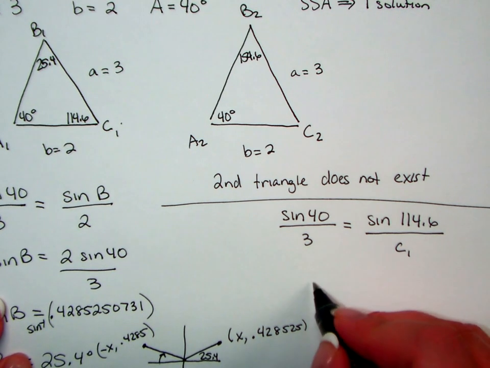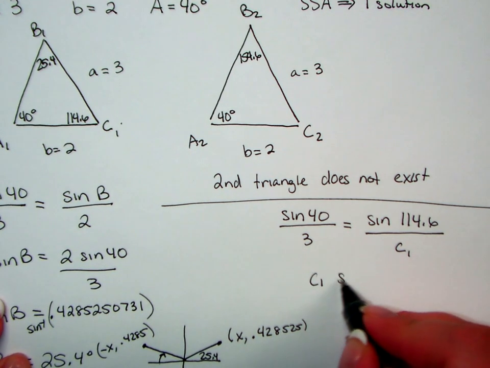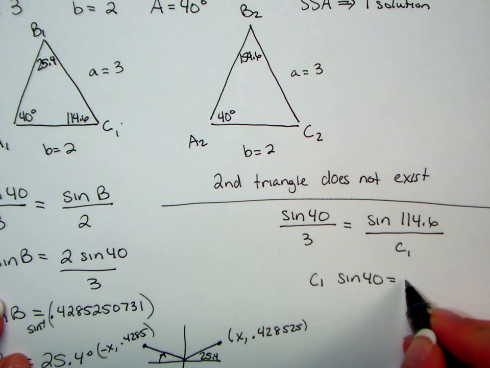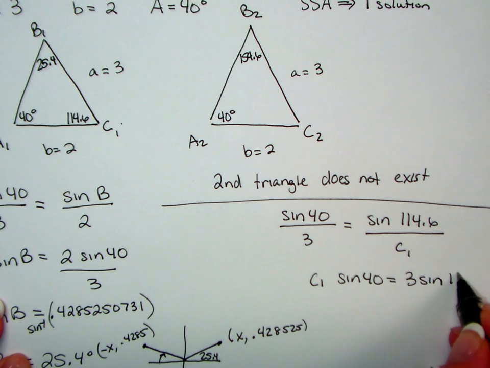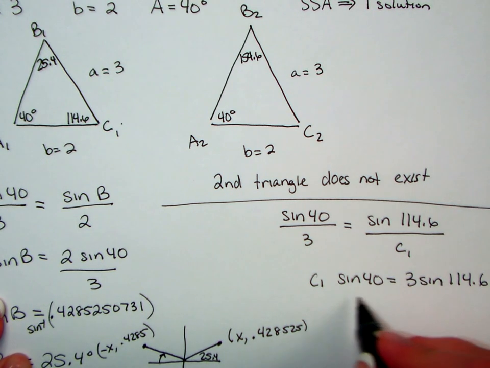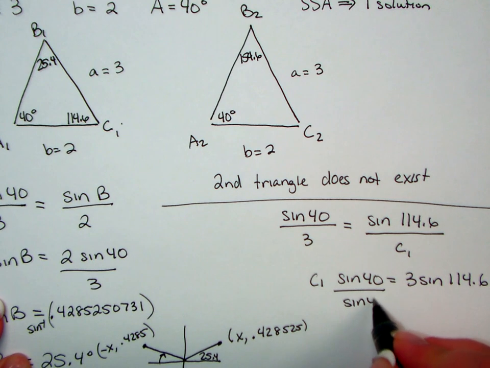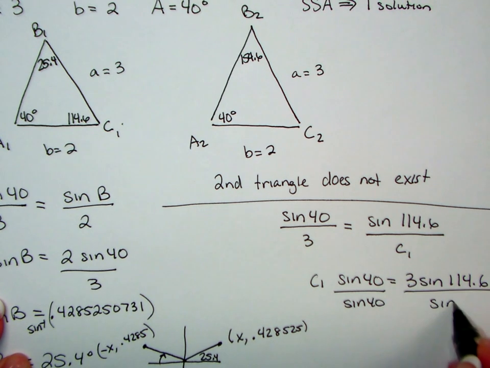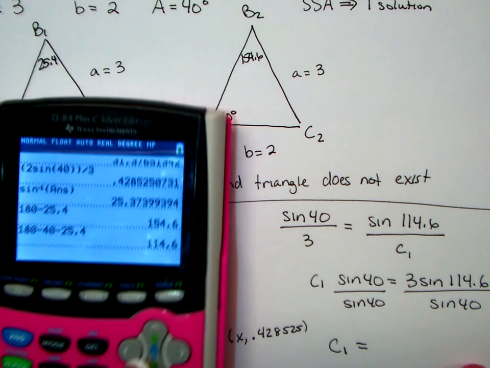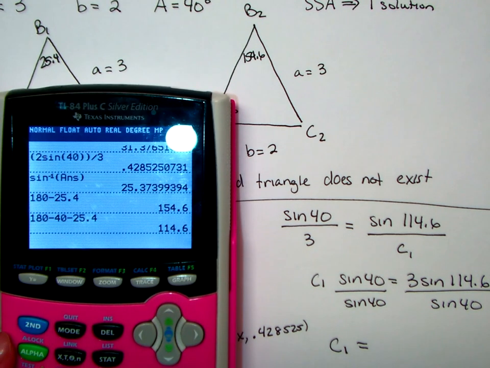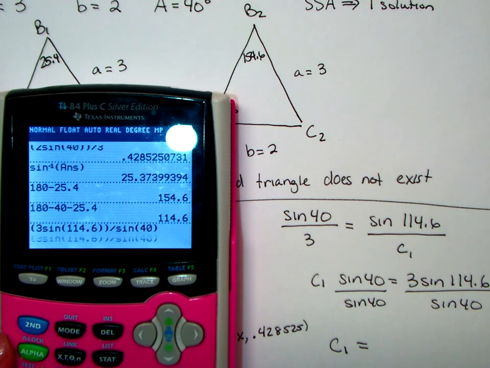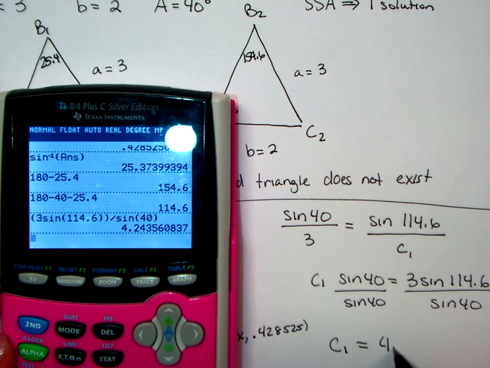Cross multiply. Divide by sine of 40. Plug that in. So, parentheses, 3 sine 114.6 divided by sine 40 is 4.24.